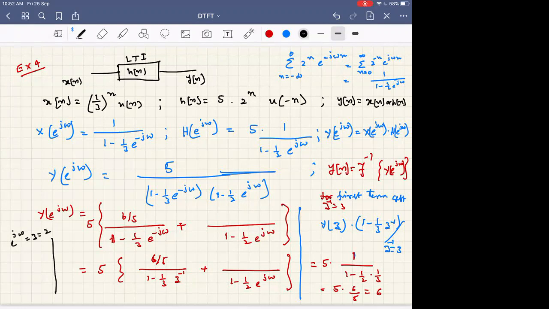So now z equal to 2, if I substitute. I am directly substituting, I am not writing this step.